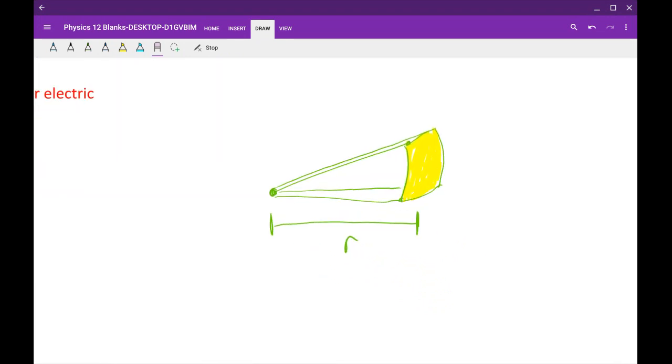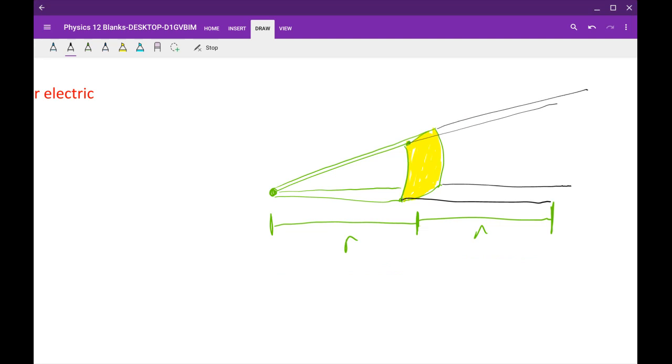Now the inverse square law goes like this. If I double my radius, so this distance is now 2r, then if you were to continue this picture outward, you would go out here, here, and here.